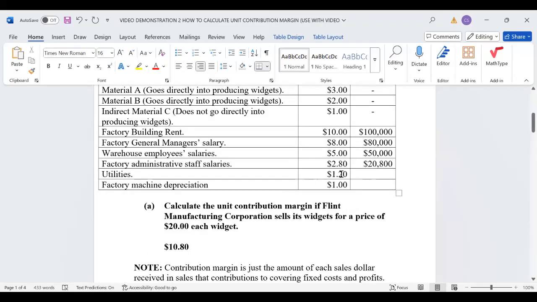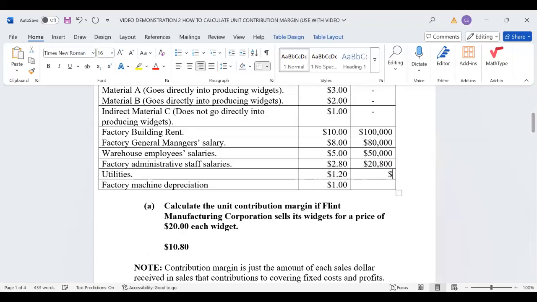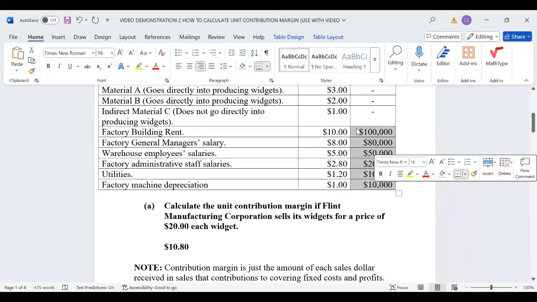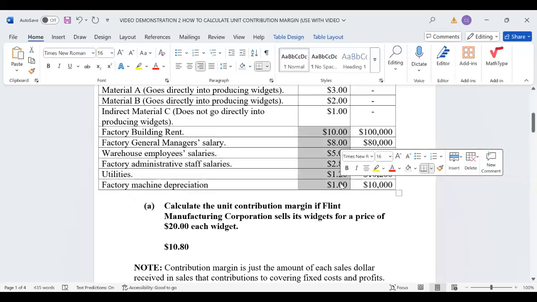Utilities is $1.20 when we make 10,000 units. So it's $12,000. And factory machine is $1 when we make 10,000 units. So it's $10,000. Remember, total fixed costs do not change. So we can calculate the total based on the per unit fixed cost given.